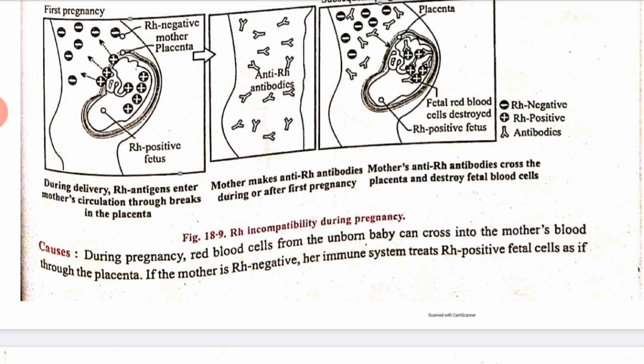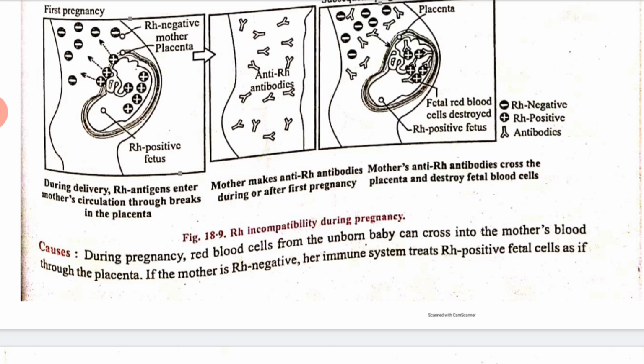So the mother's body makes antibodies against the fetal blood cells. These antibodies may cross back through the placenta into the developing baby, and they destroy the baby's circulating RBCs. This results in hemolytic disease of the newborn, that is known as HDN, and this disease is called erythroblastosis fetalis, when red blood cells are broken down.